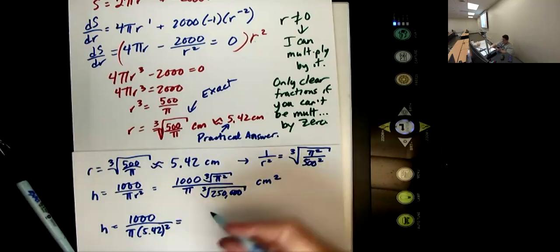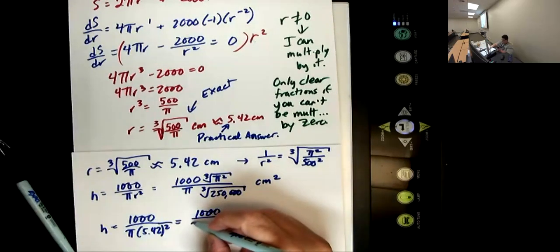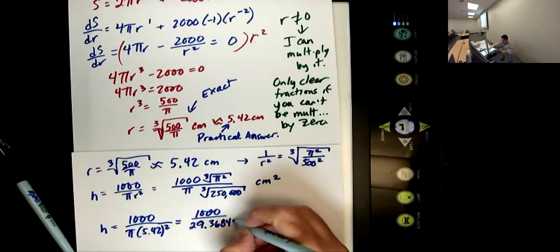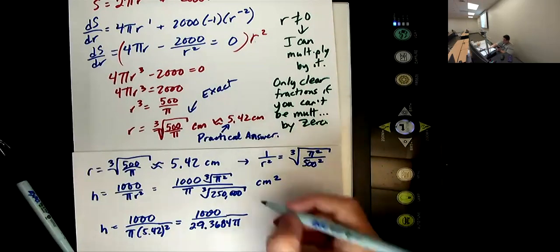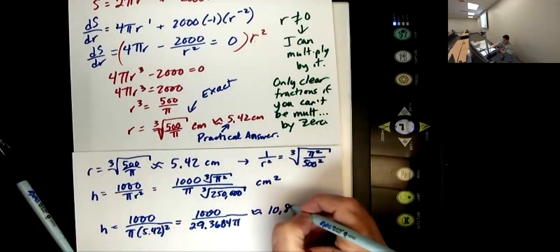So this is 1,000 divided by 29.3684 times pi, and 1,000 divided by that is about 10.84 centimeters.